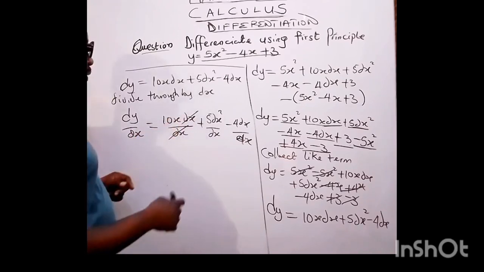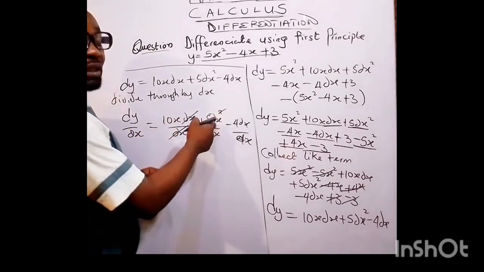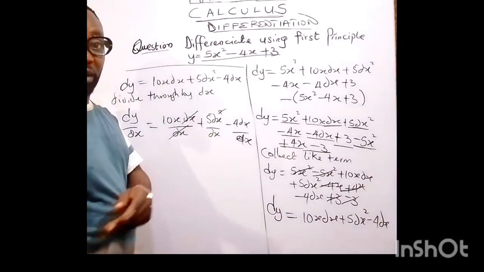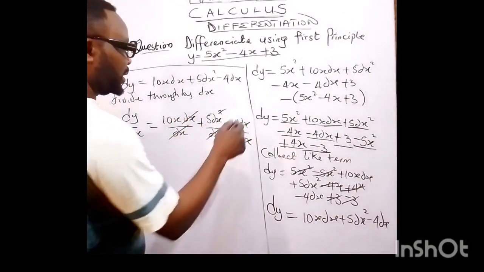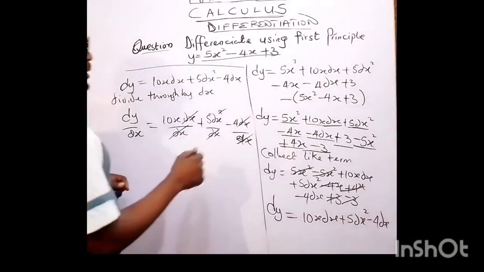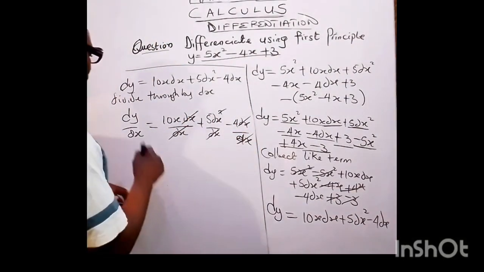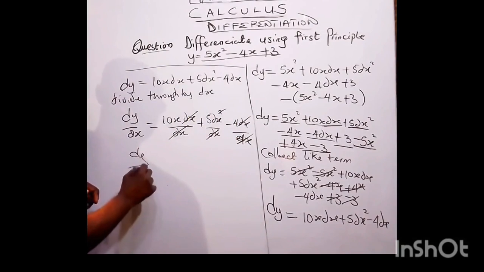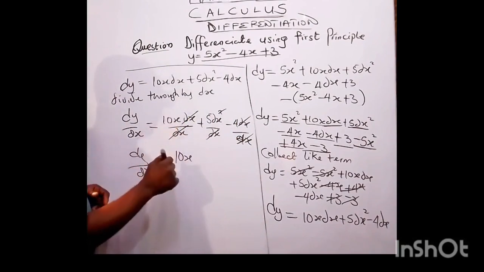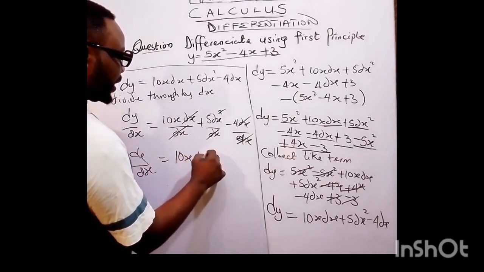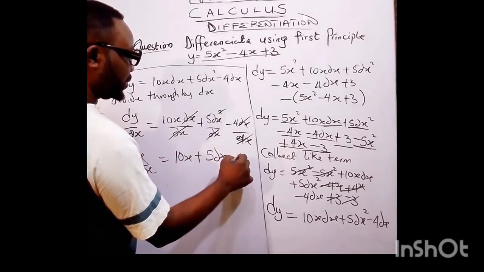Here, dx² means dx times dx, so one of them will go off, remaining just 5dx there. Then this one also goes off because we divide one another. So now dy/dx is equal to 10x, you can see this 10x here, plus 5dx minus 4.